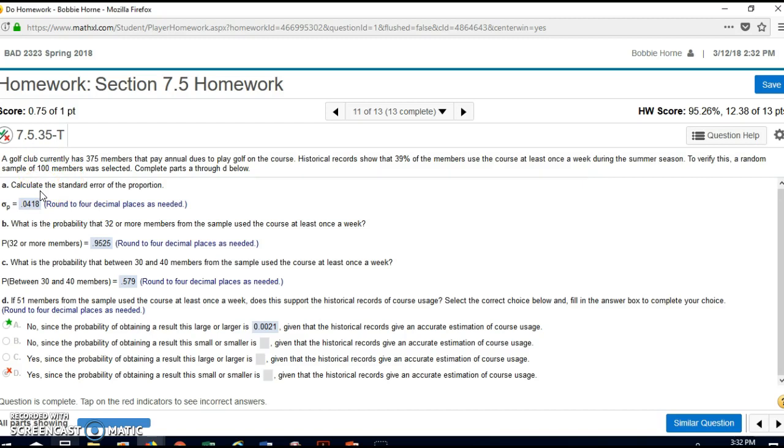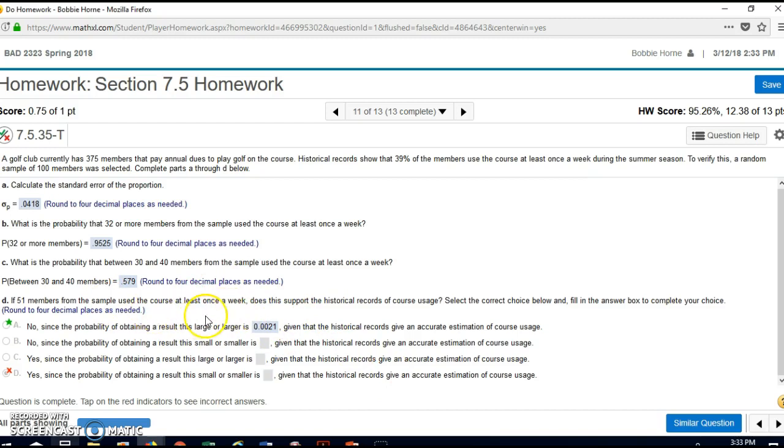You would use 0.51 minus 0.39 divided by the standard error, which you will calculate right here. And when you do all that, you actually get your Z-score. Let me look and see if I can find it. 7.5 D. I believe your Z-score is... we want to know 51 or more members.